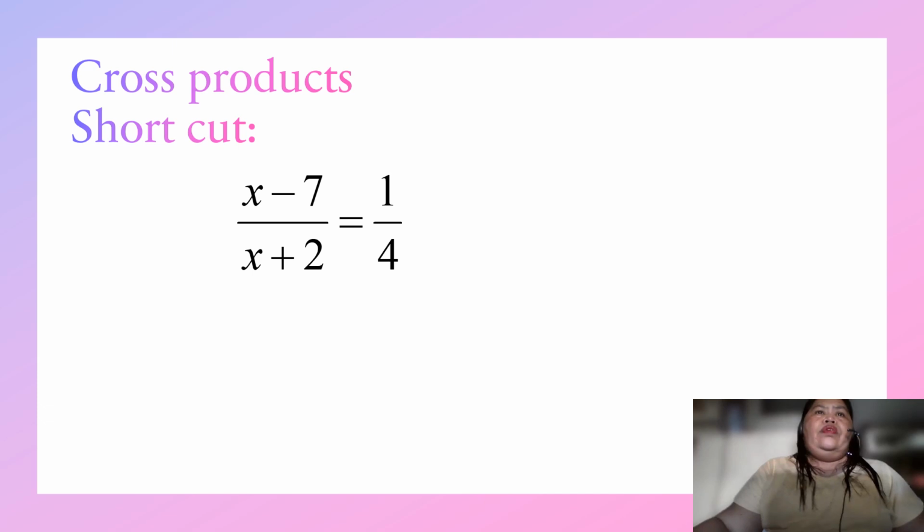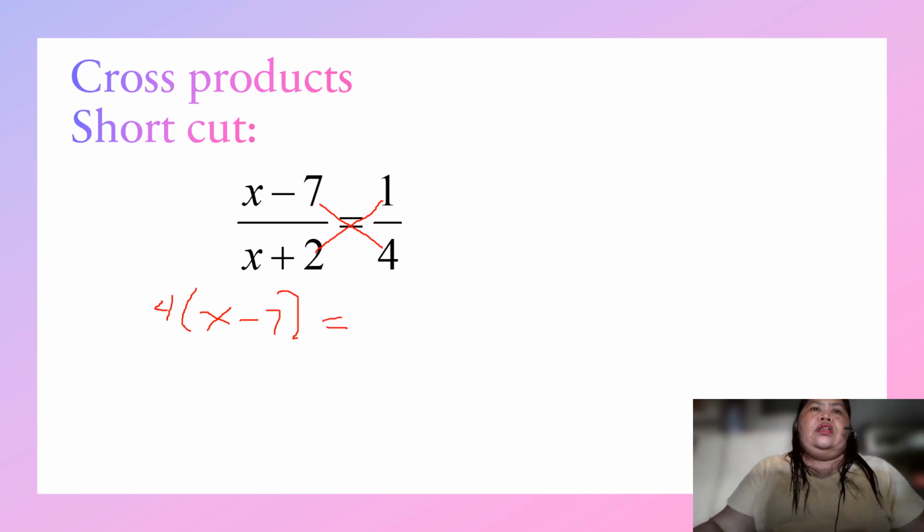Okay, so we have here x minus 7 over x plus 2 is equal to 1/4. So we can use cross product. Using cross product, what you have to do is copy first, no? So x minus 7 times 4, and then x plus 2 times 1, using the distributive property, is x plus 2.